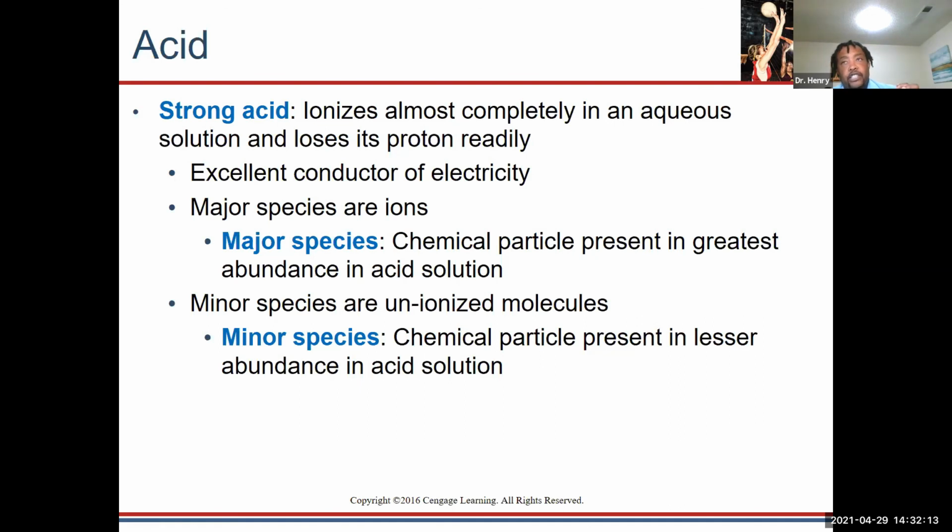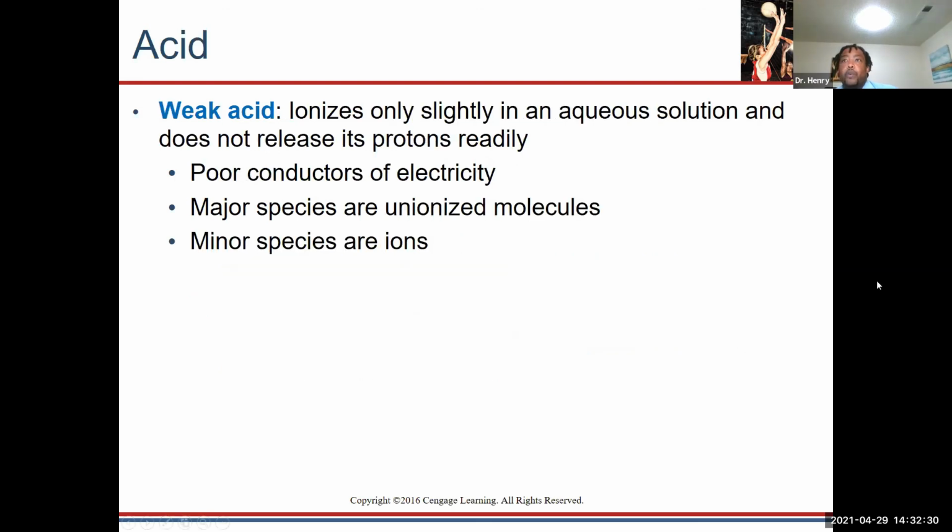Okay, so a strong acid is going to have ions as its major species. And then the minor species is the one that you have the less of, right? So the unionized molecule is going to be the minor species. Okay. And a weak acid is going to be just the opposite. Your major species is going to be your unionized molecule, and your minor species is going to be your ions.